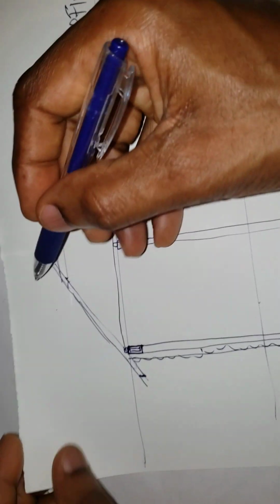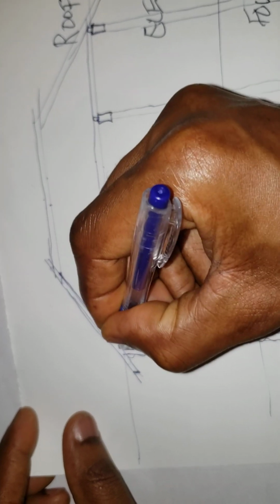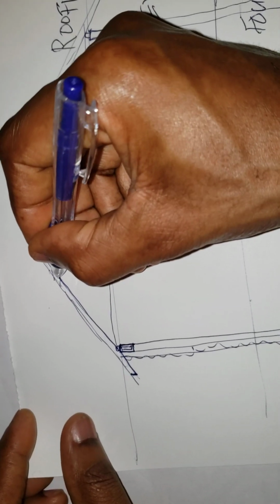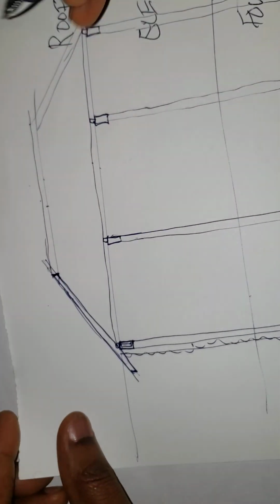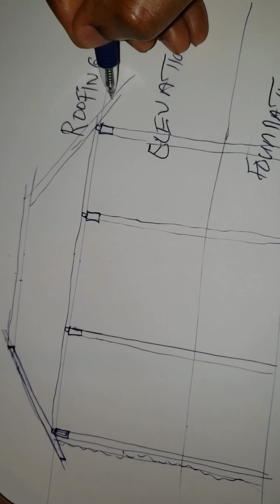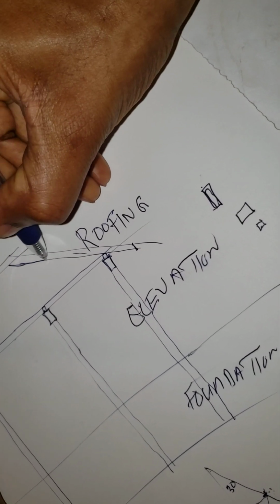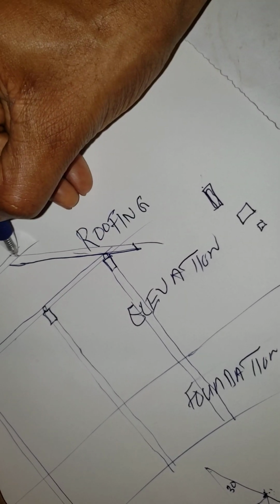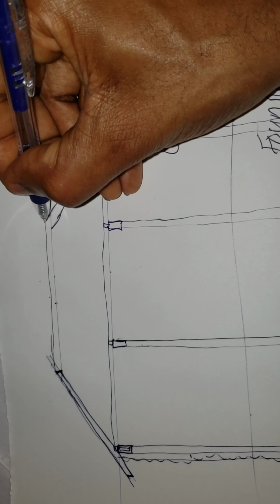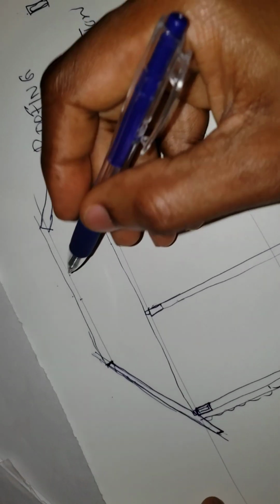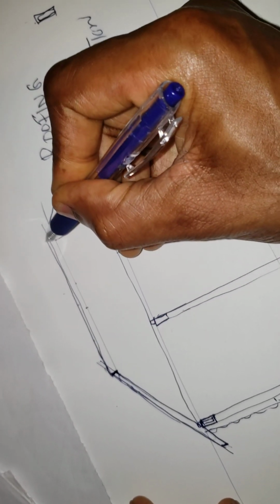Then of course we're gonna add our different layers. So this is, then we offset this by 25, well, it depends on the type of roof.